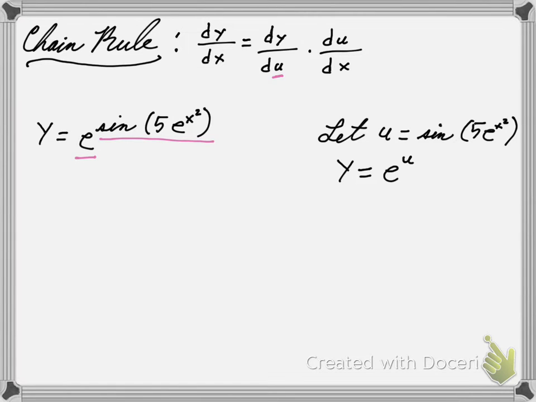It is possible to choose too much of a statement for u. So for example, we could have chosen u to be the full equation, e to the power of sine of 5e x squared. And while technically that would work, it wouldn't get you anywhere. You would end up taking the derivative of y equals u, which is 1, and then multiplying it by the derivative of u, which is the derivative of what the original equation was, so you just wasted time.